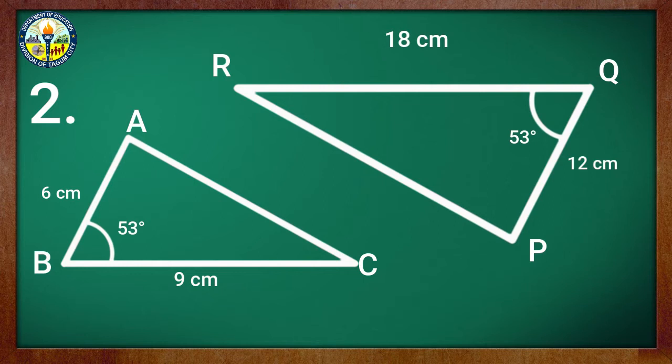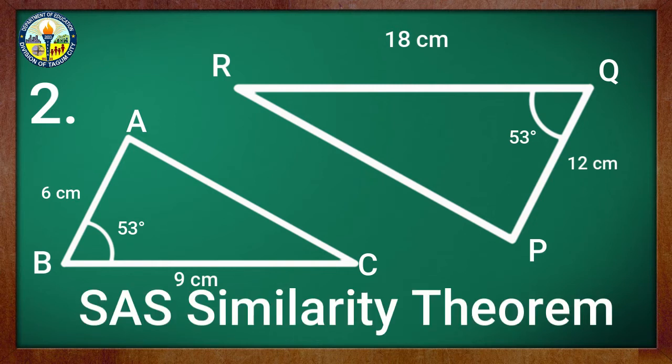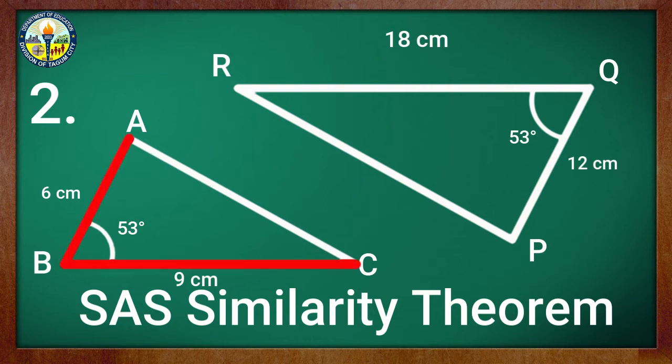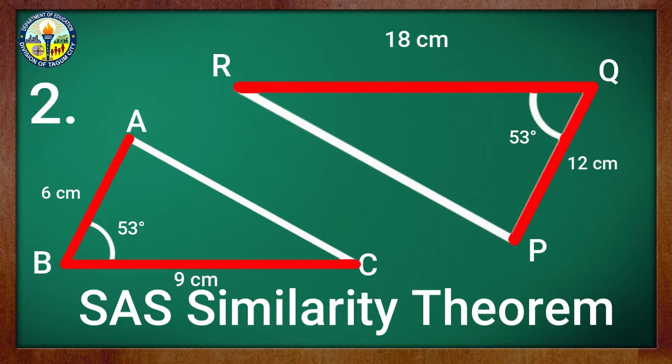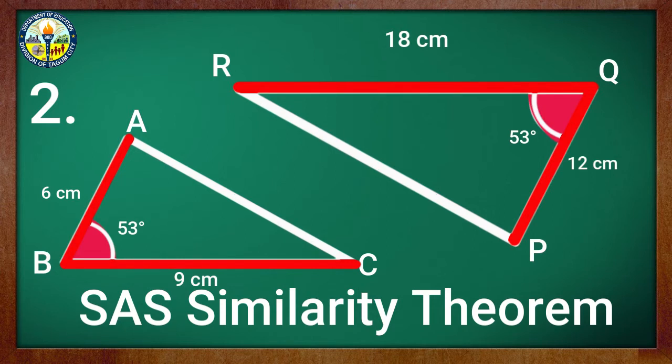What would be our similarity postulate or theorem? Yes, SAS similarity theorem. Why? It is because in the given illustration, the two sides of one triangle are proportional to the corresponding two sides of another triangle, and their included angles are congruent.